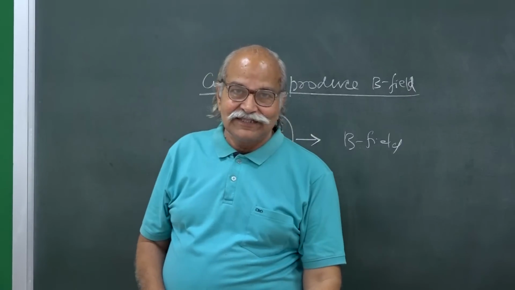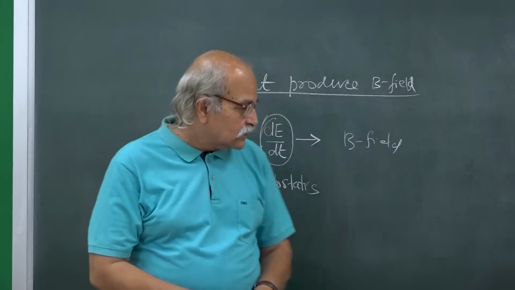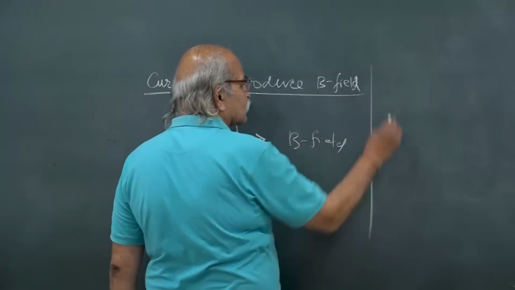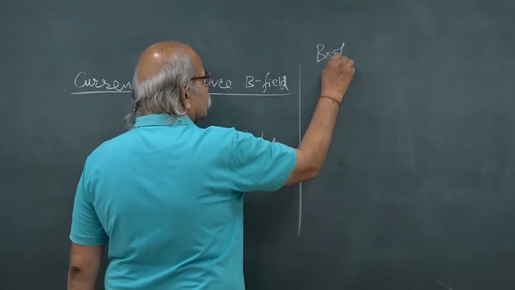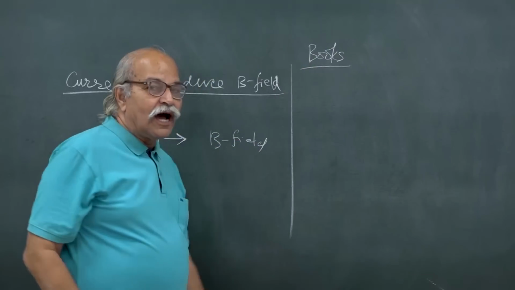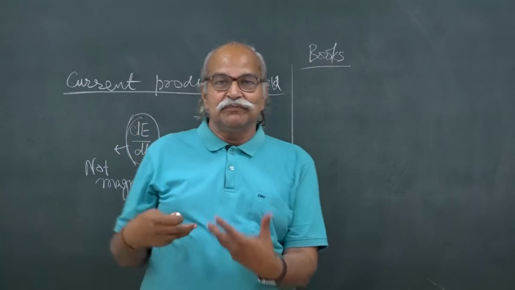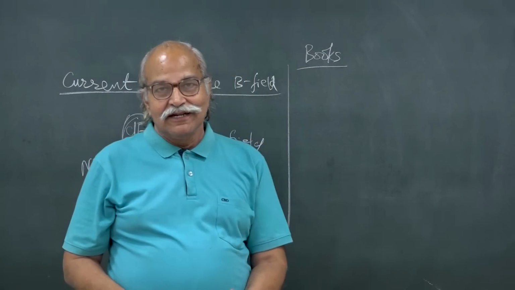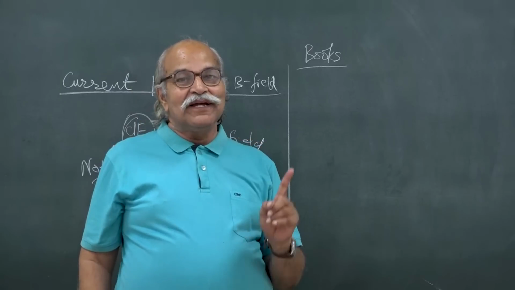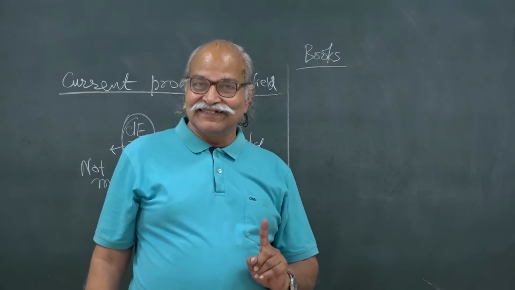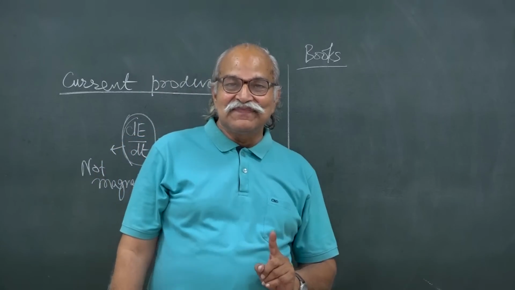materials and other things. Now, last for today's lecture, books. No matter how I teach and how I speak and how I demonstrate, ultimately you have to go home and revise the things and read the books, and therefore books are very important.